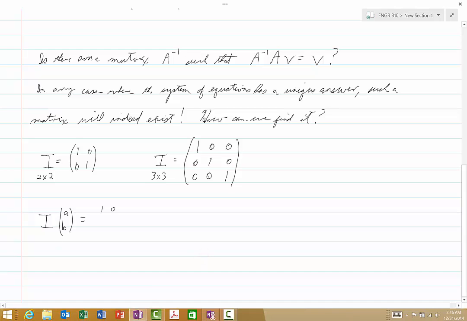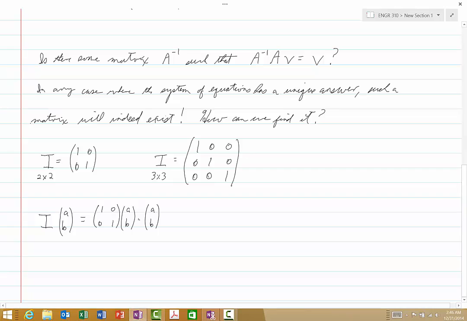Well, [1, 0; 0, 1] times (A, B), and the first entry will be 1 times A plus 0 times B, so we'll get A. The second entry will be 0 times A plus 1 times B, and it will give us B. So the identity matrix times (A, B) is equal to (A, B).